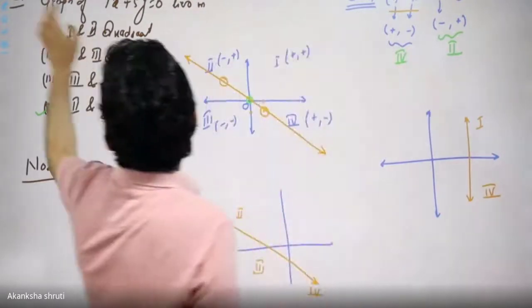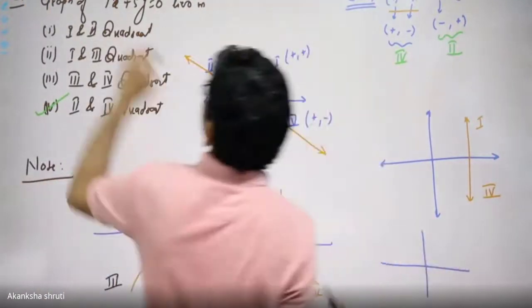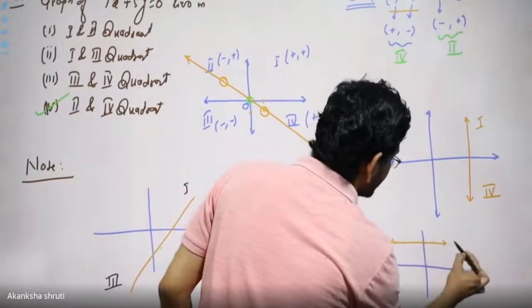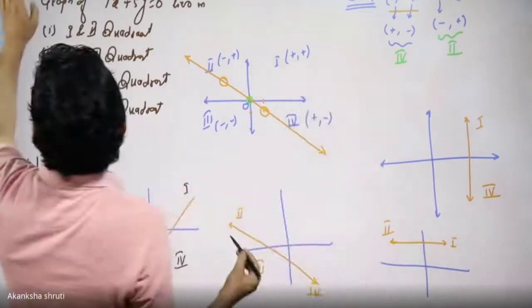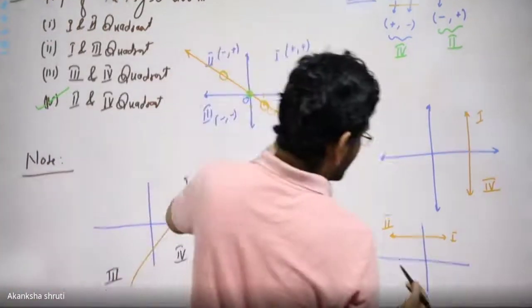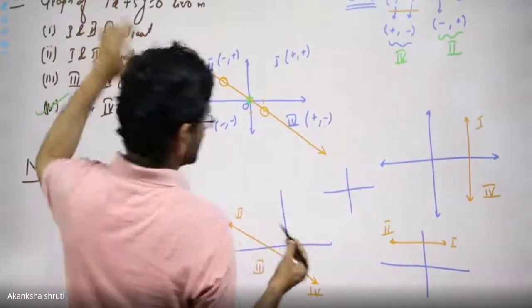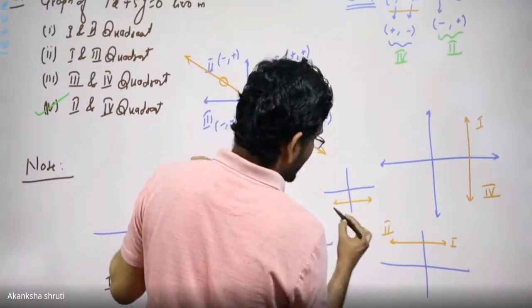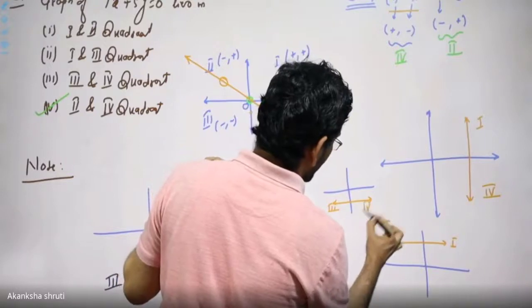Okay, students, if the graph is like this, consider this one is the graph, it lies in the first and second quadrant. Students, if our graph is like this one, then it lies in the third and fourth quadrant.